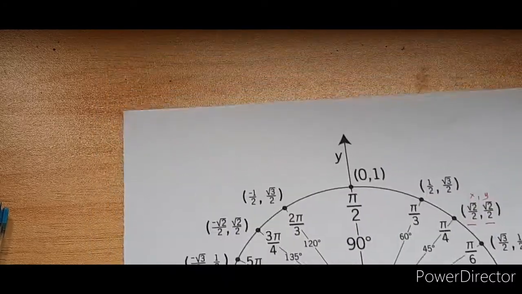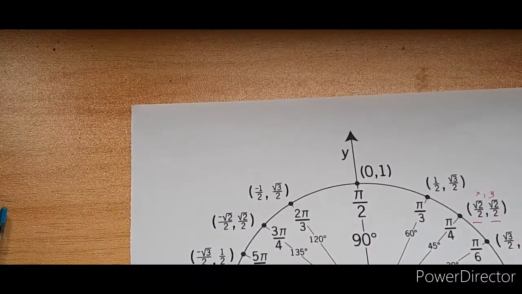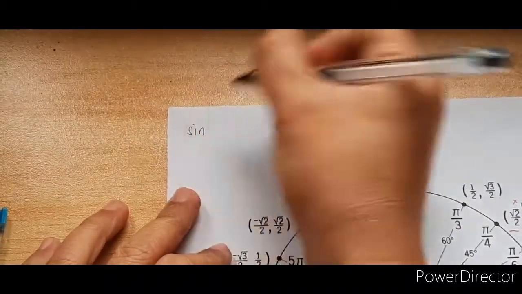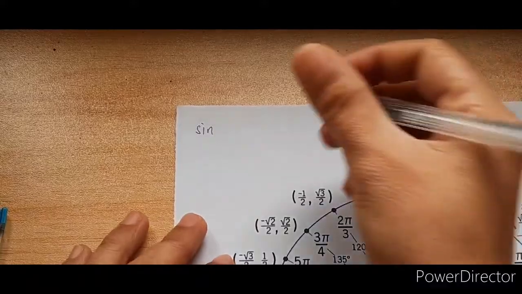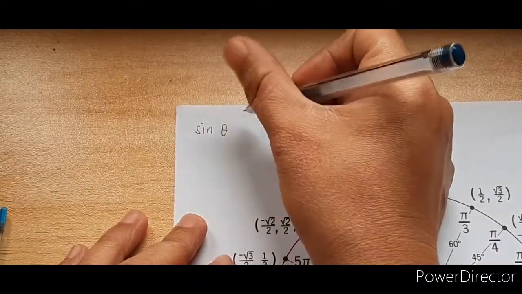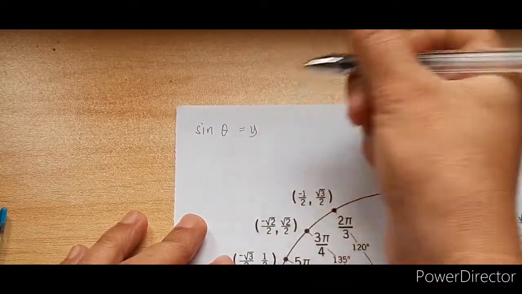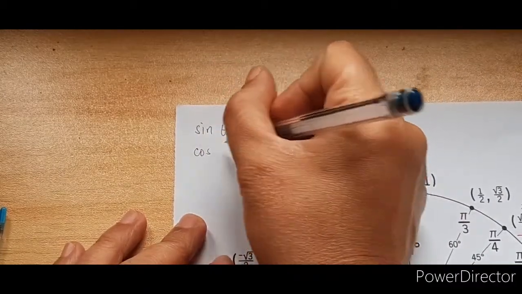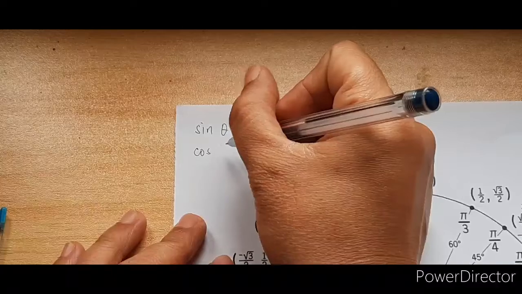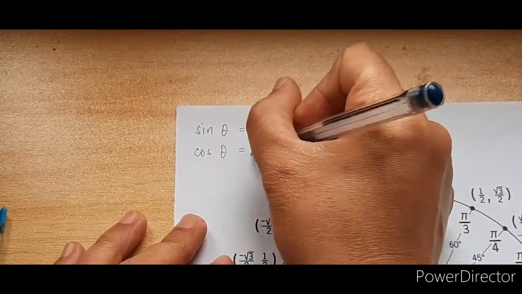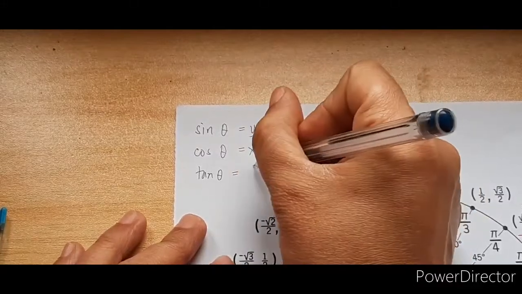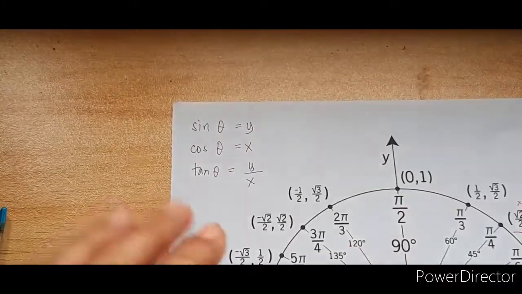Sine theta is equal to the y coordinate, cosine theta is equal to the x coordinate, and tangent theta is equal to y over x.